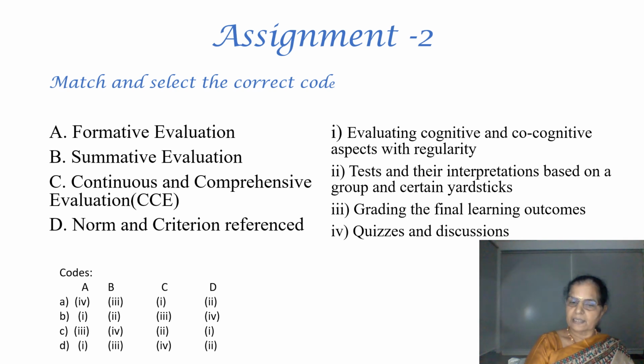So yardstick is the other term for criteria. So this talks about the criteria referenced test, and the norm, interpretation based on a group. You are comparing the members of your group, so that means it is a norm referenced test. So D goes with the second statement. So the option code A is the correct answer. You select A.